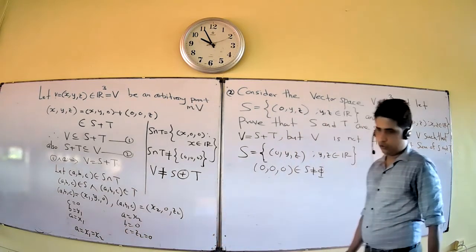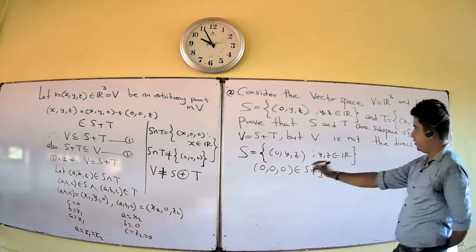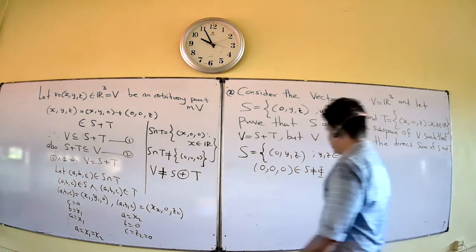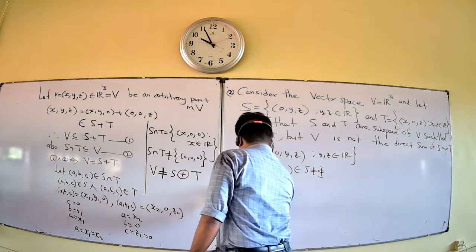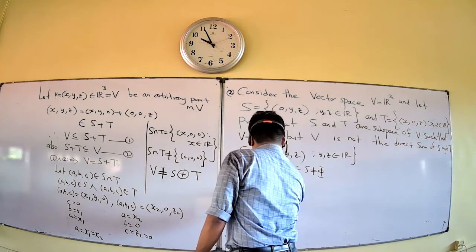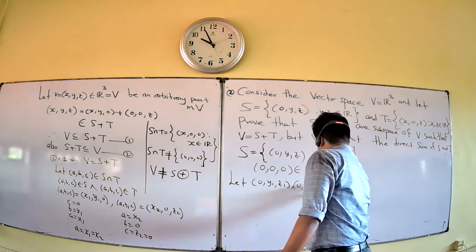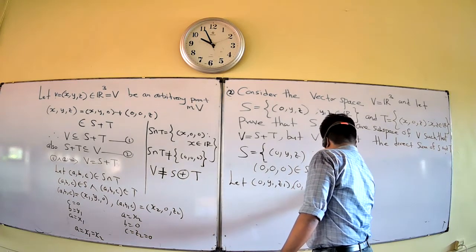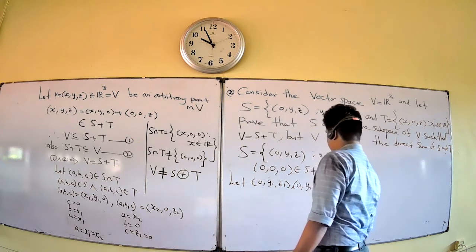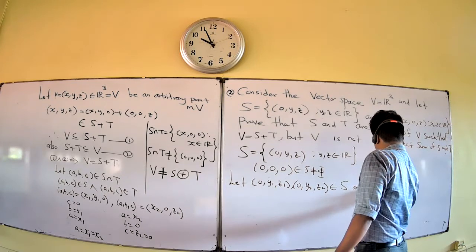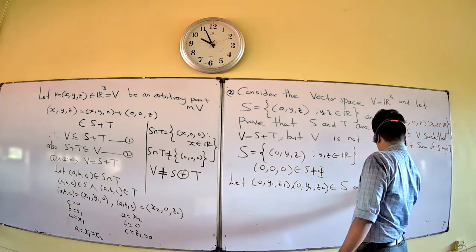Let you take two vectors: (0, y1, z1) and (0, y2, z2) belong to S, and alpha, beta belong to real numbers.